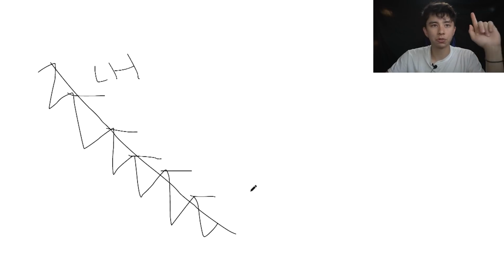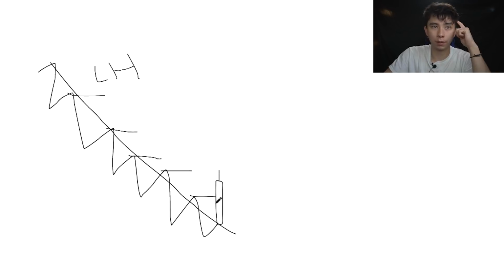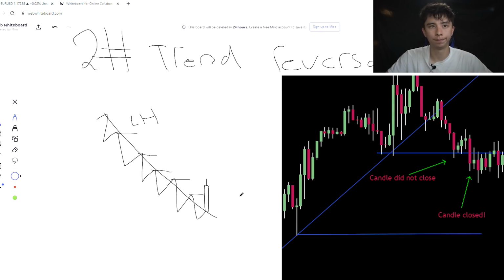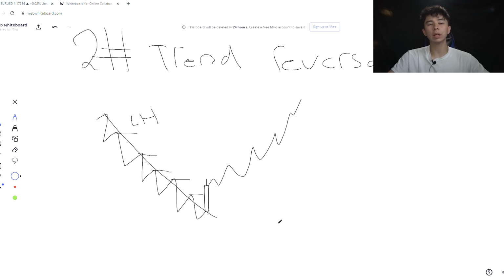And to figure out when these trends reverse, we need price to close a candle above the previous high on a downtrend. So when price closes above the previous high, then we will start to see the trend reverse back up. And if we pair this concept with the first concept, you will trade flawlessly.